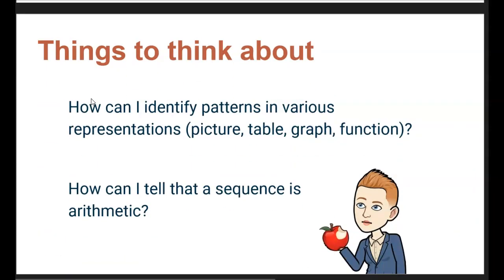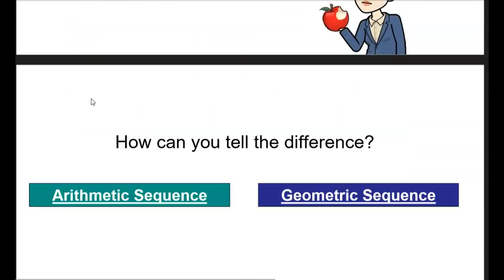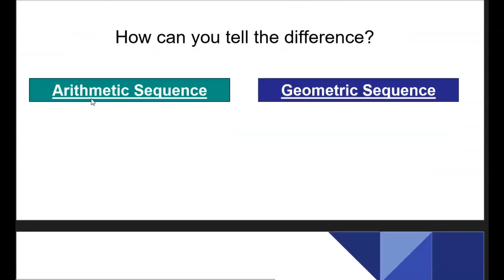So here's some things to think about. How can I identify patterns in the various representations we've talked about? We've talked about pictures, tables, graphs, and functions. And how can I tell that a sequence is arithmetic? Well, do we remember what is the difference between an arithmetic and a geometric sequence?